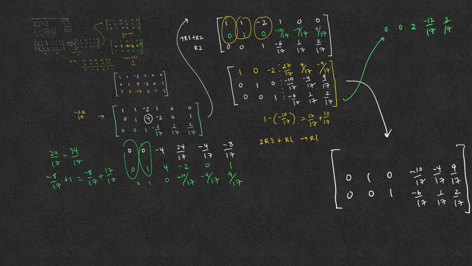And 2 times 2 is 4. We then take this and add to row 1, which is 1, 0, negative 2, 27 over 17, 4 over 17, and negative 9 over 17.